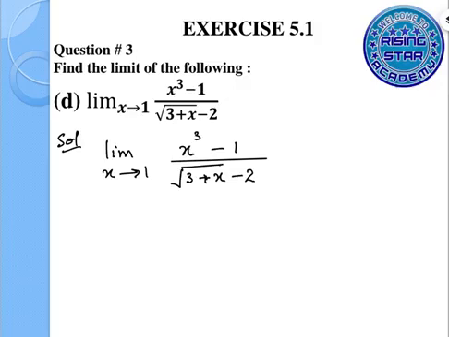So we know that a³ - b³ can be written as (a - b)(a² + ab + b²).